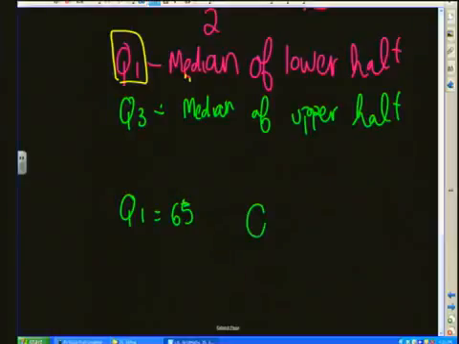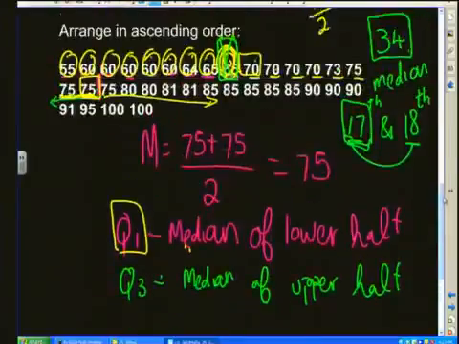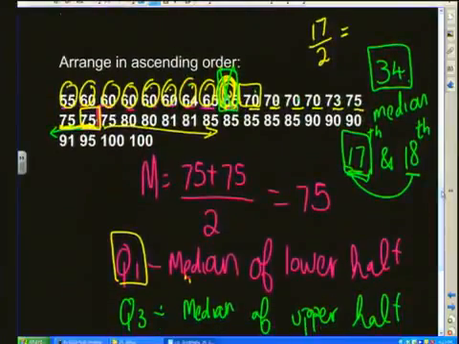All right, and then Q3, we do exactly the same thing. Again, there's going to be 17 pieces of data to the right of our median, which was initially 75. And again, you can do the same thing. 9 positions away from here is going to be your median of the upper half of data, so in other words, your Q3.